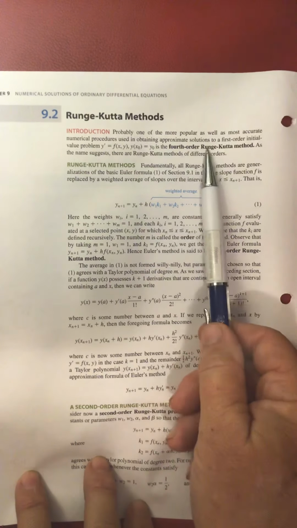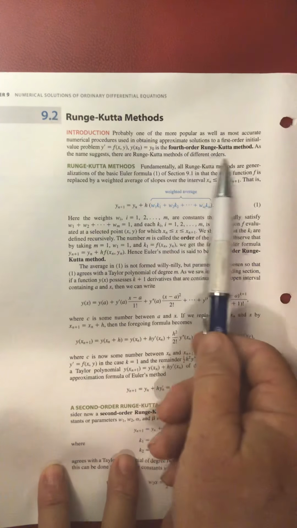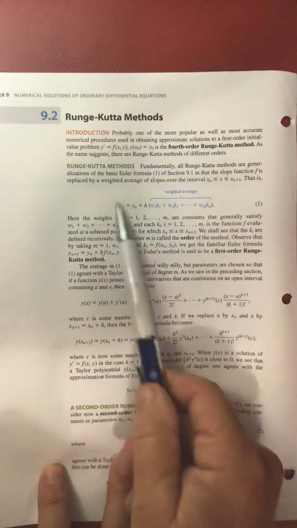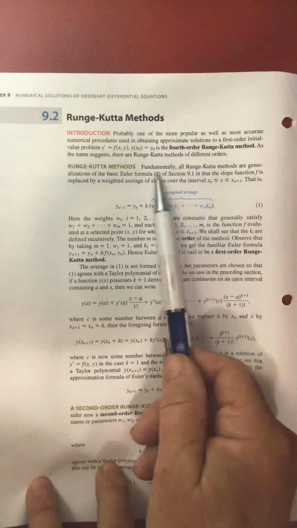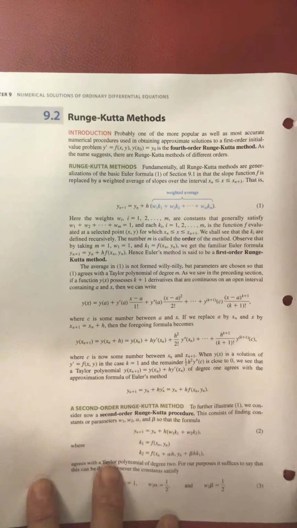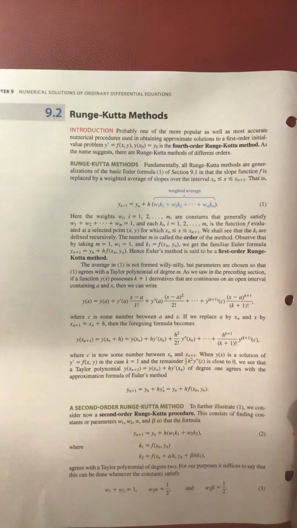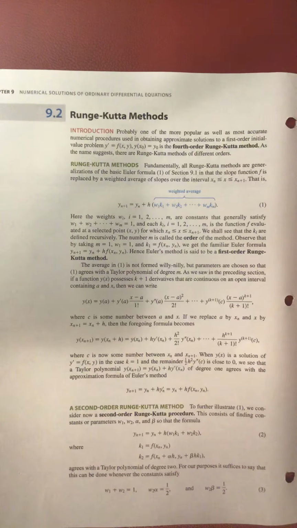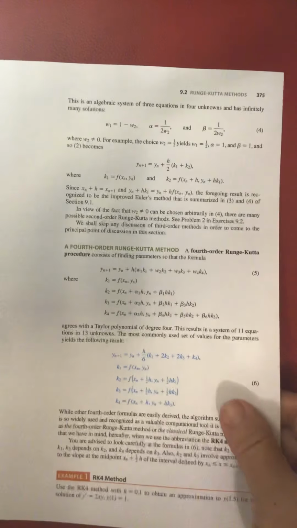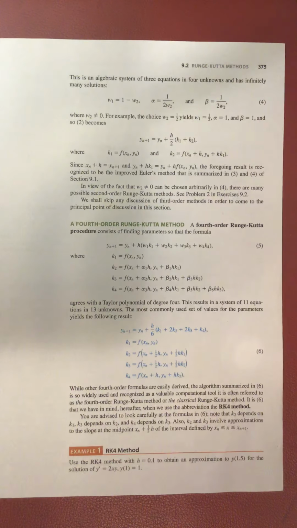The fourth order Runge-Kutta method, as the name suggests, has different orders, and Euler's method and improved Euler's method are related to this Runge-Kutta. RK4, as it's commonly referred to, is one of the best methods numerically.